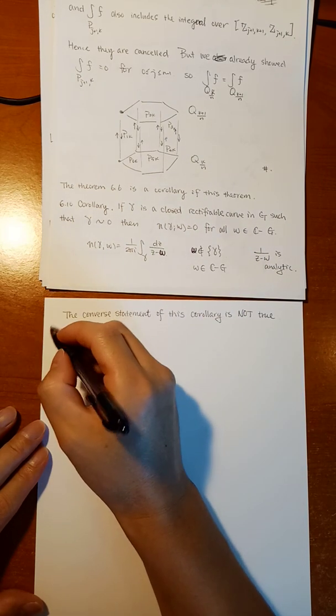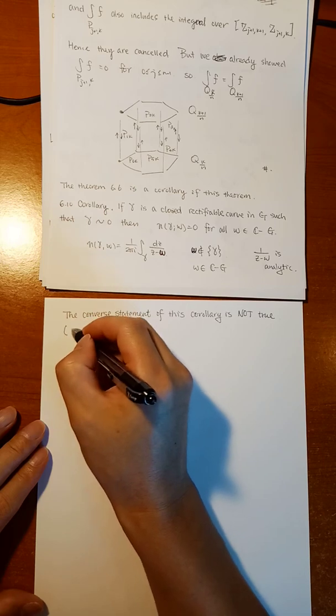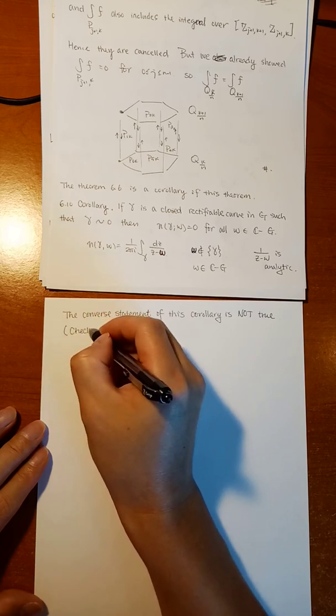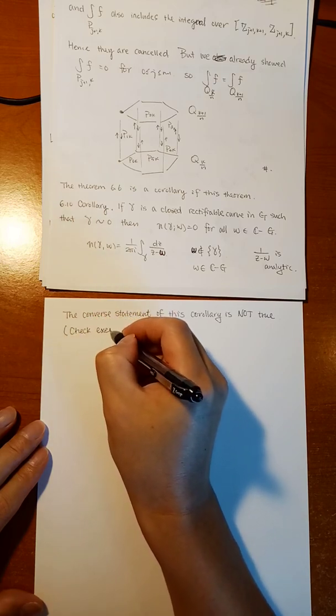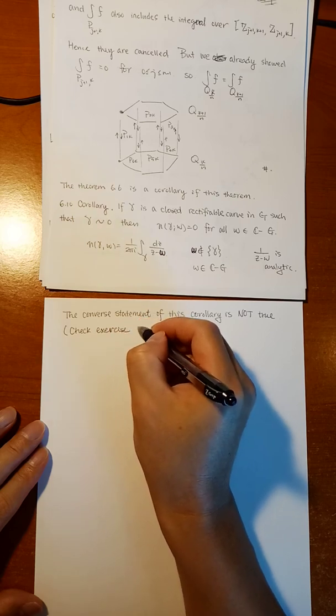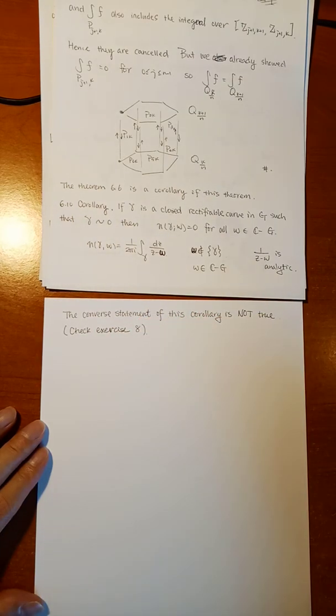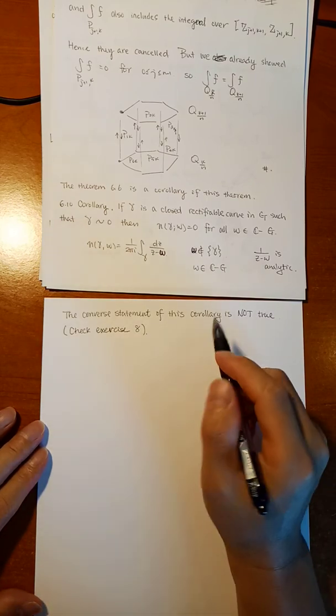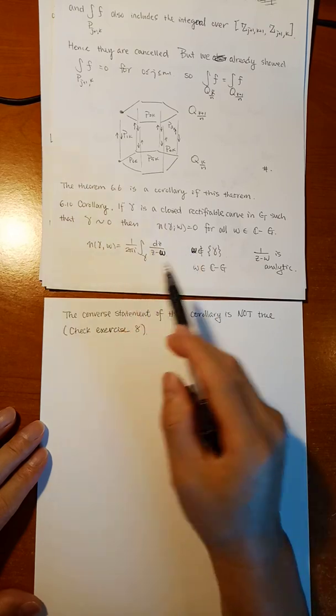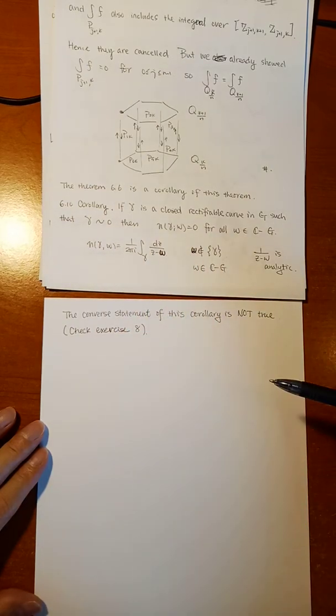Well, it's your exercise. Check exercise 8. So you do have the winding number equal to 0, but it's not homotopic to 0.